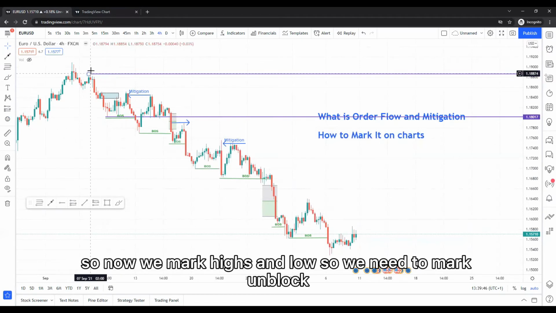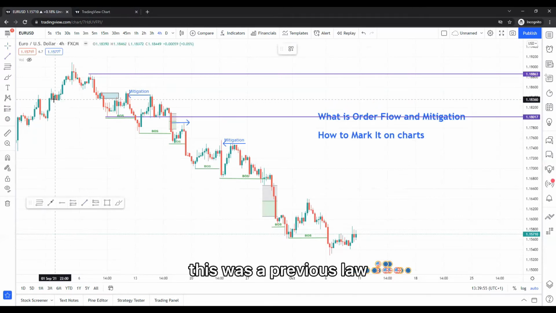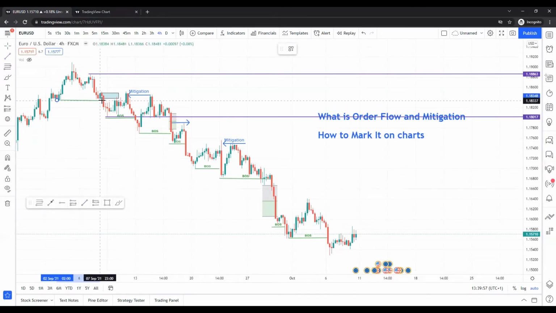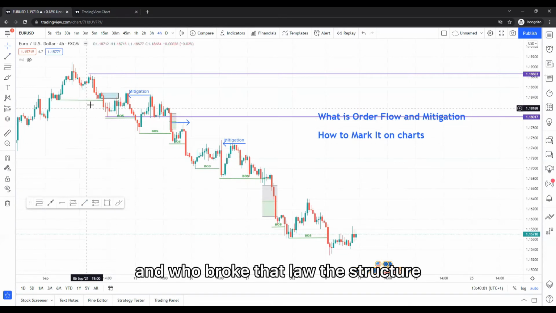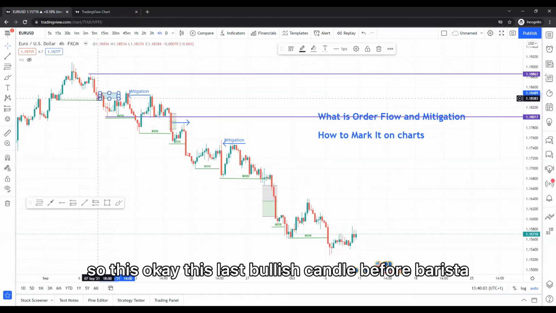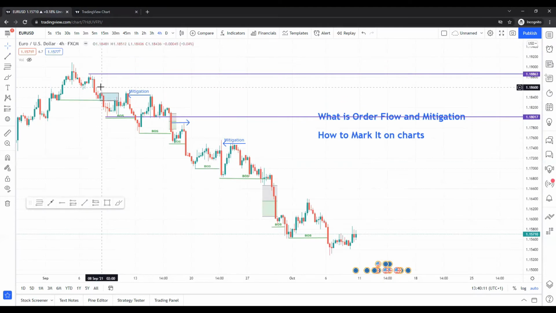Now we have marked highs and lows, so we need to mark the order block. This low was a previous low which was broken here. Who broke that low? The structure. This last bullish candle before the bearish move is the order block. It is an up move before going down.